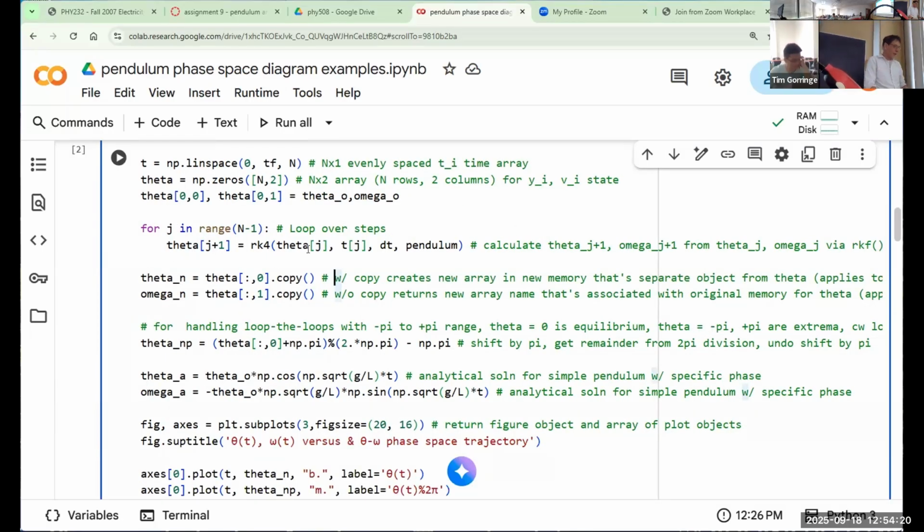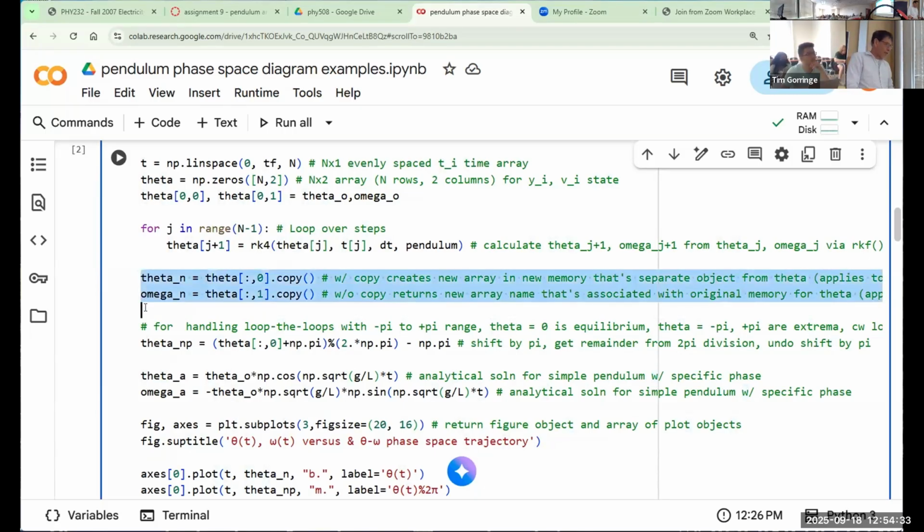Okay, so we were just explaining that detail in this little bit of code, which could be confusing. I think that was the idea there. So I come out of that for loop and I've got theta, which is n rows, 2 columns, where one column is theta and one column is omega.